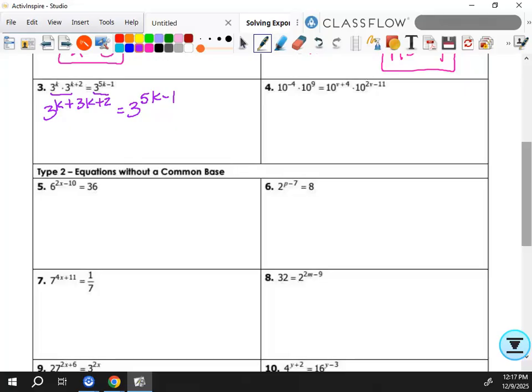So now I have a single exponential on either side of the equal sign. I can drop my 3's. I'm going to combine this and get 4k plus 2 equals 5k. What did I do wrong?